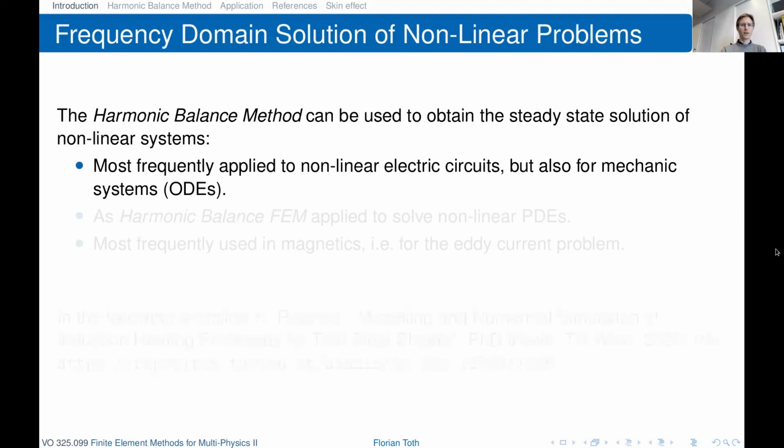Okay, so let's see how we can obtain such a frequency domain solution for a nonlinear problem, if it exists and if it's unique, of course.